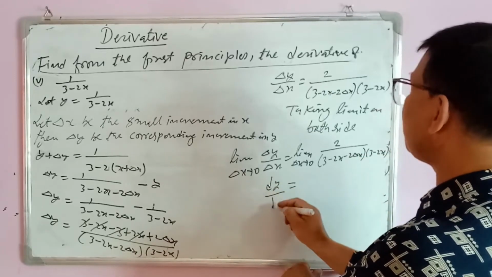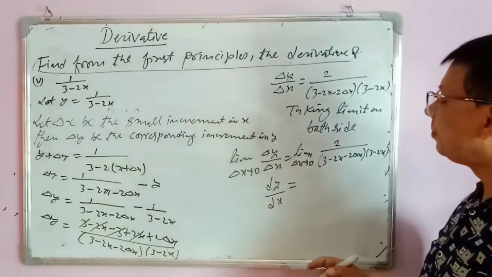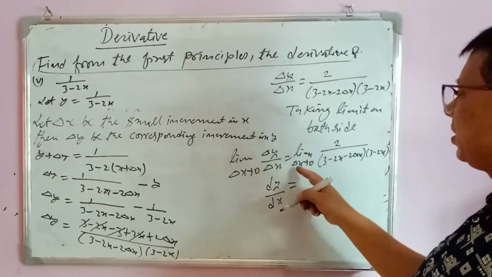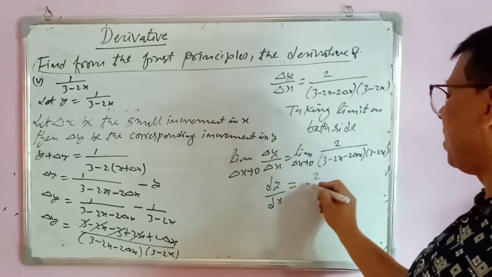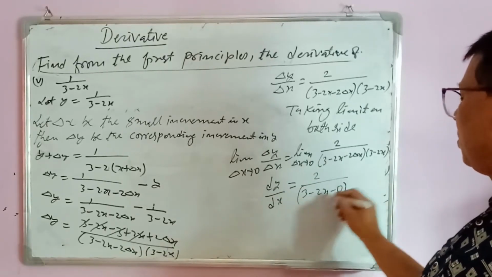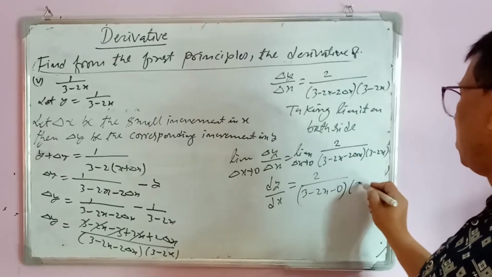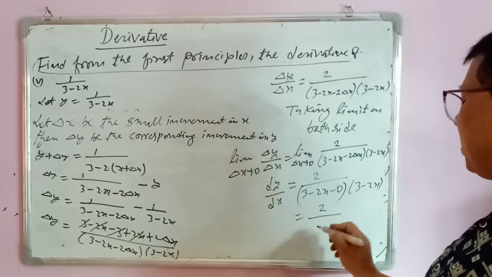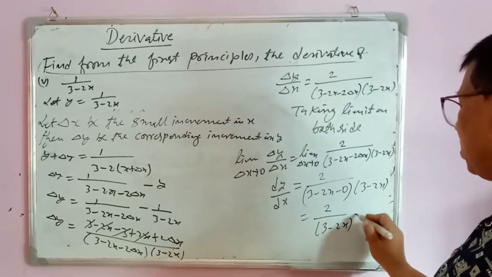This is dy by dx, the derivative of y with respect to x. Now putting delta x equal to 0: 2 by 3 minus 2x minus 0. 0 into 2 is 0. 3 minus 2x. 2 by 3 minus 2x, 3 minus 2x. So we can write 3 minus 2x whole square.